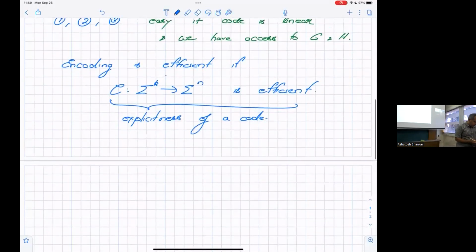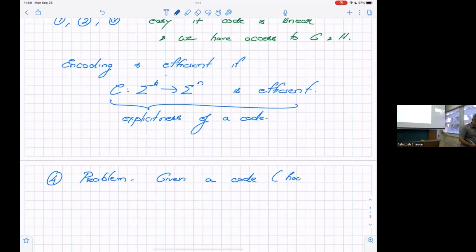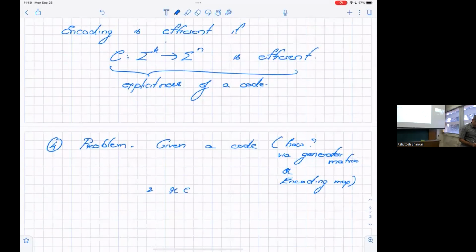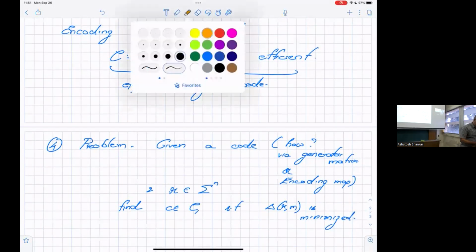That's the general question. Given a code, via generator matrix or encoding algorithm, and a received word R in sigma to the n, find C in the code such that delta of R and C is minimal.